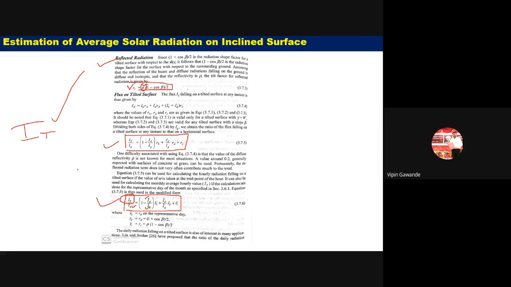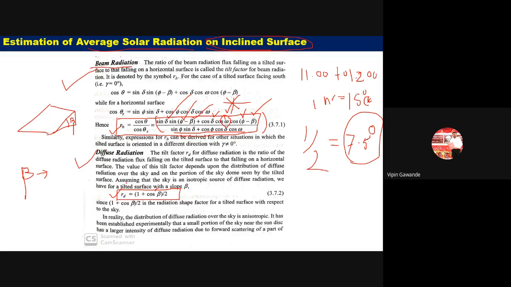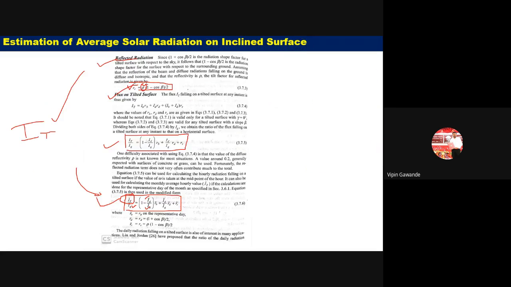For that, we calculate RR, the reflected radiation factor, then RD, the tilt factor for diffuse radiation, and RB, the tilt factor for beam radiation. RB, RD, and RR, three things we require, so we put them here. The ratio ID and IG is given, and we have calculated the value of IT.